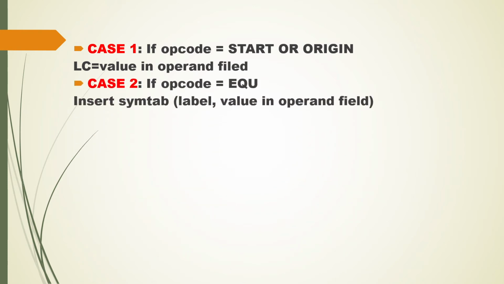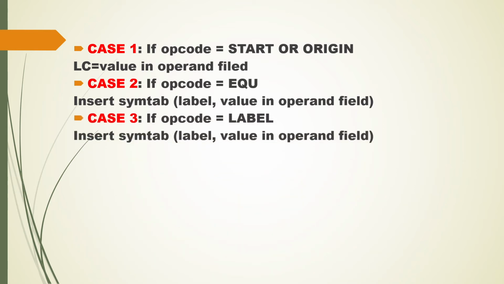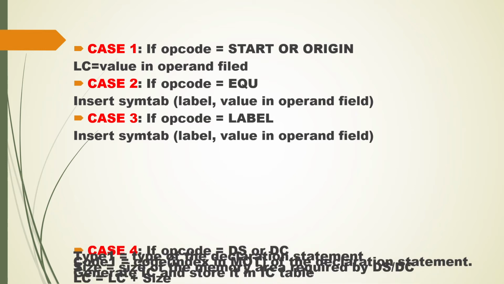Case 2 is if the opcode is an EQU statement, then we have to insert it in the symbol table. The symbol table consists of the label and the value in the operand field. Case 3 is if the opcode has a label, then again insert it in the symbol table.